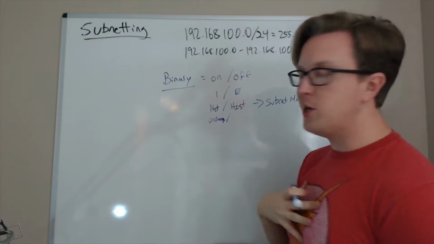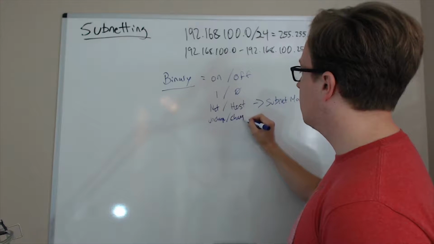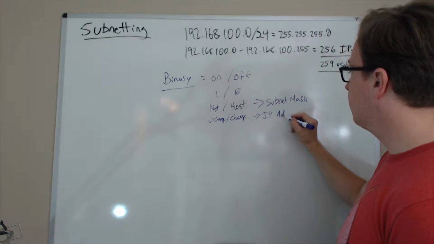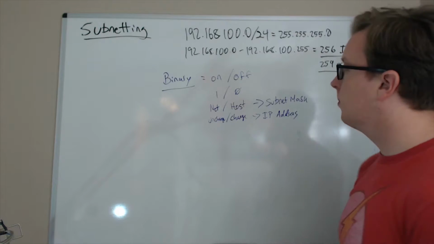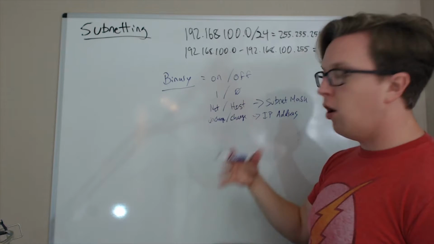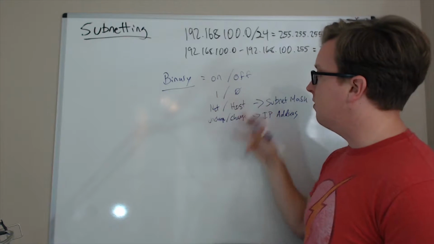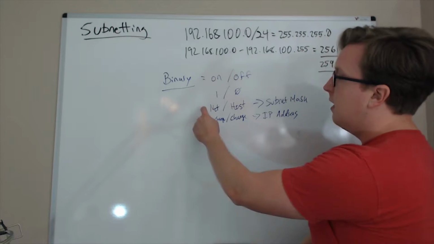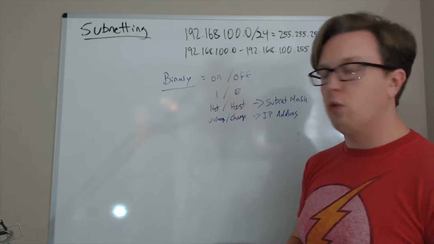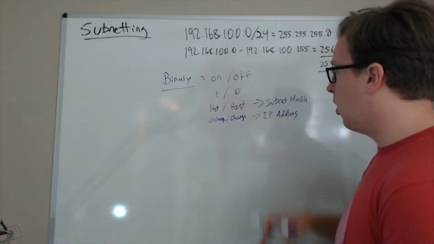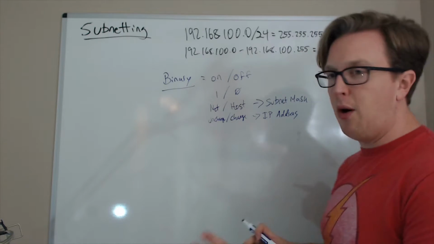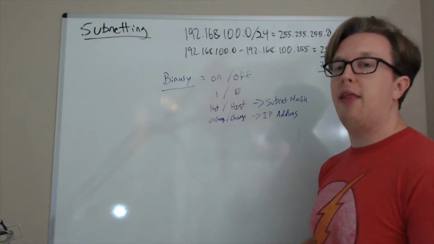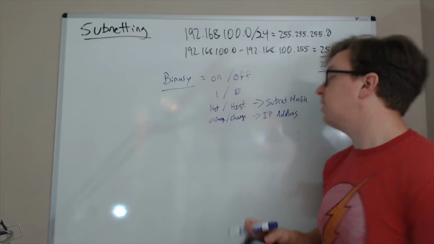This is what I call unchange and change. This will be in your IP address. So again, binary is on and off, 1 and 0, or more specifically for subnet masks, network and host. And then once we start talking about our IP address, we'll talk about how certain parts of it can't or won't change, and how certain parts of it will change.